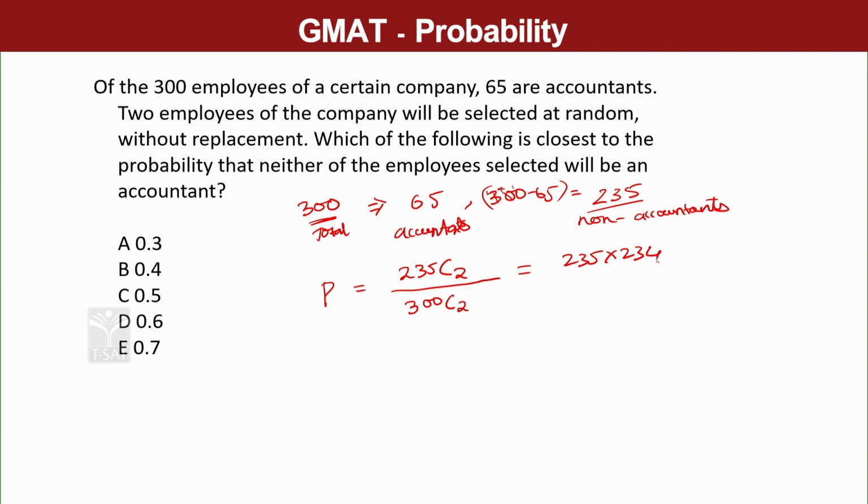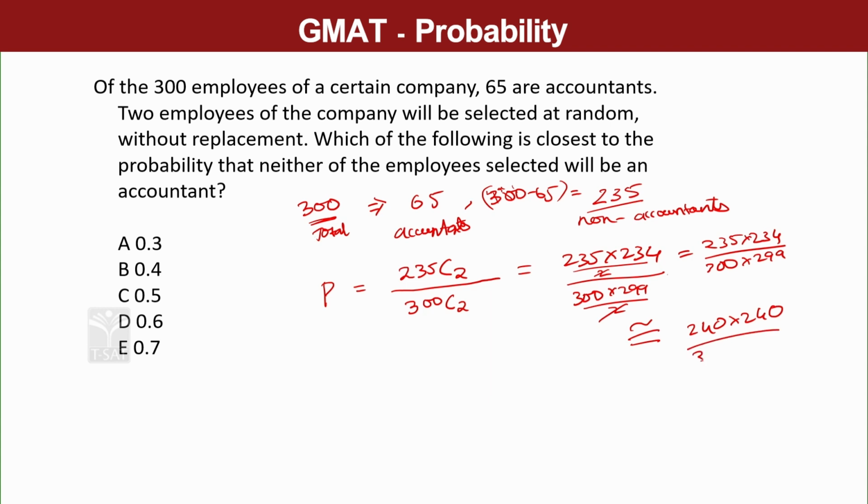235 into 234 divided by 2, 300 into 299 divided by 2. You have 235 into 234 divided by 300 into 299. Make an approximate calculation for this. 235 into 234 can be written as 240 into 240 divided by 300 into 299 can be written as 300 into 300. 299 is very close to 300, you can just round it up.